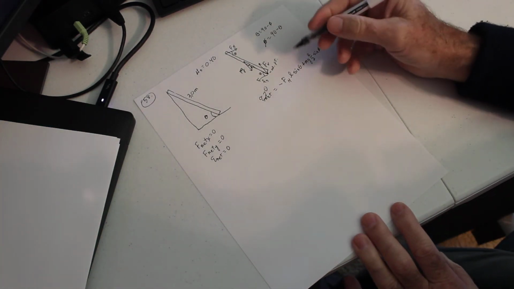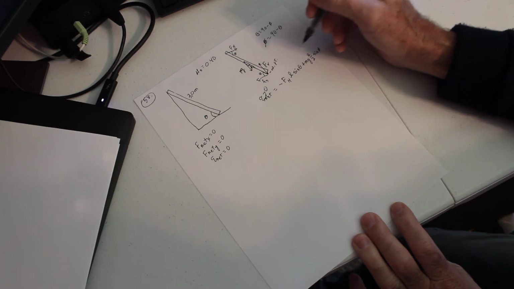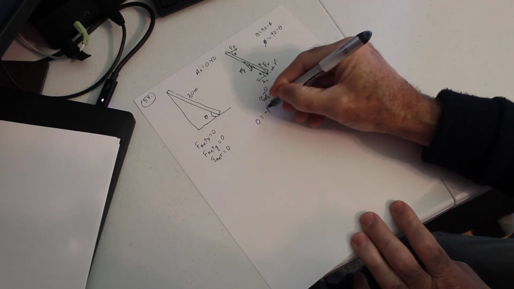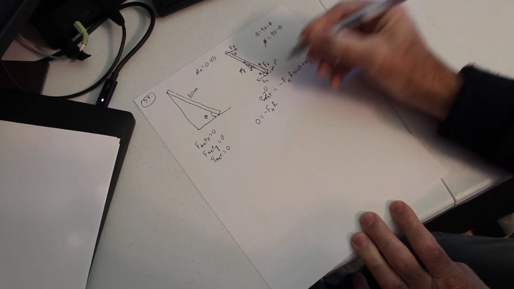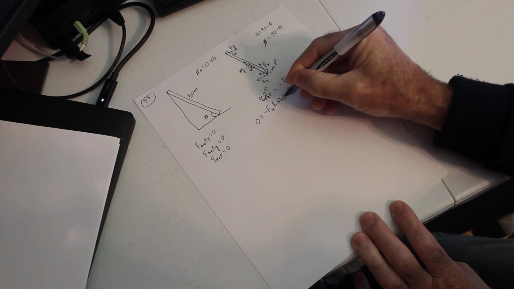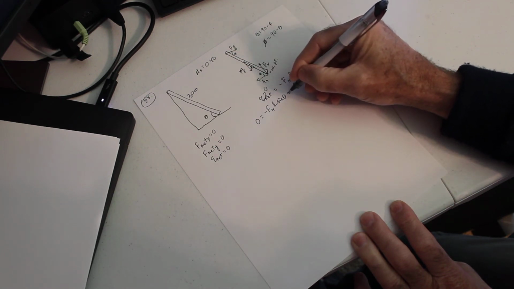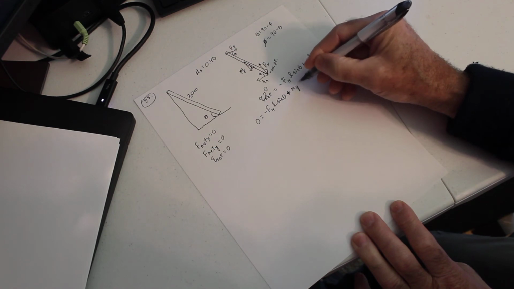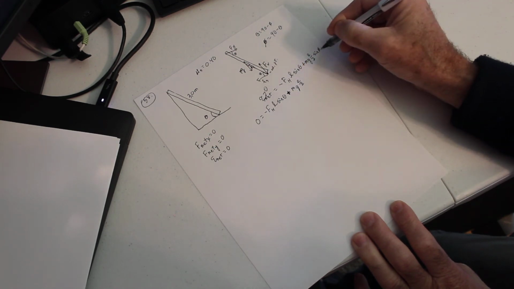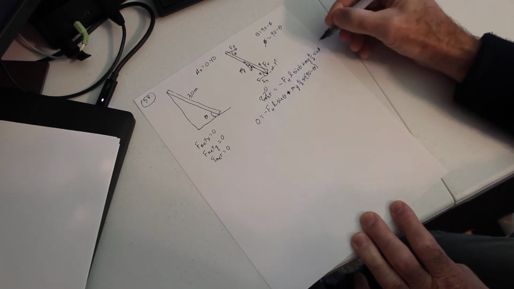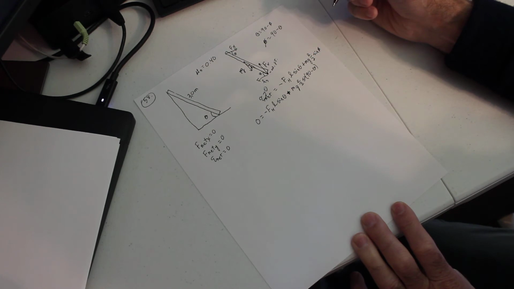All right, so far so good. I'm just going to rewrite this so we can see it a little better. This is minus FH times L times sine of theta, plus mg L over 2 times sine of phi. Now the sine of phi is the sine of 90 minus theta, because phi is equal to 90 minus theta.